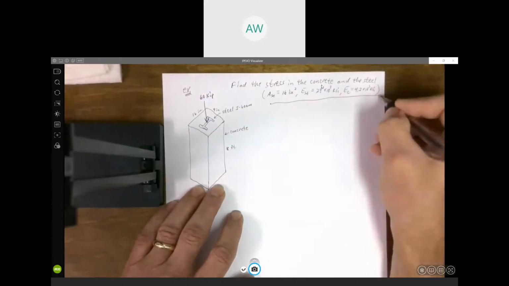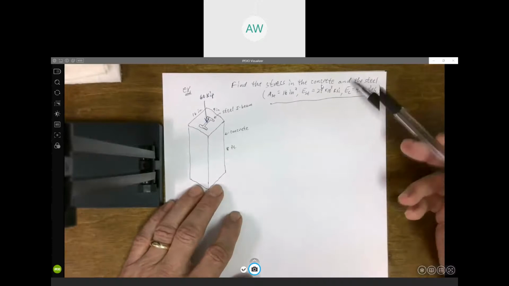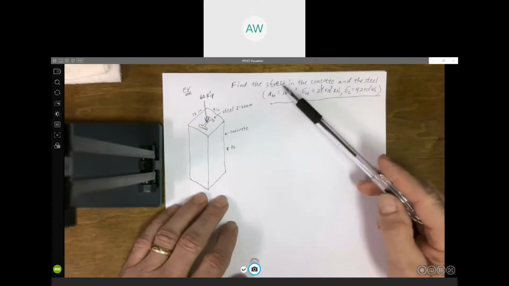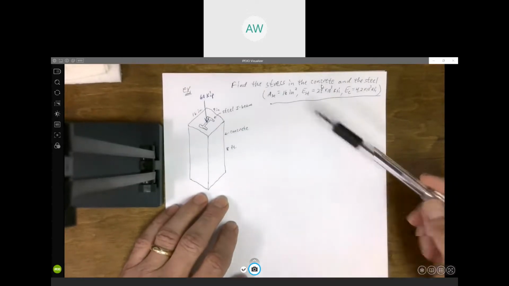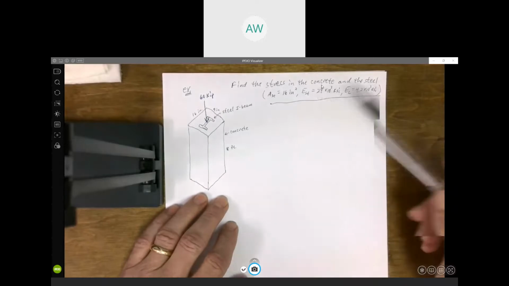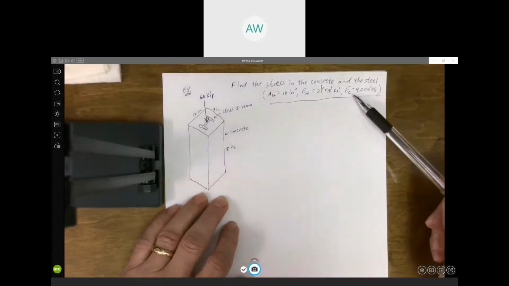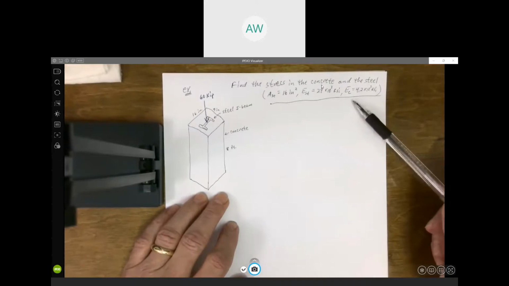Now, you would either be given those values in the problem statement like this, or if they told you the specific steel alloy, you could look it up in that table and get the E. Same thing for the concrete. If they told you what particular kind of concrete it was, you could look up in that table in the back of your book and get the modulus of elasticity.